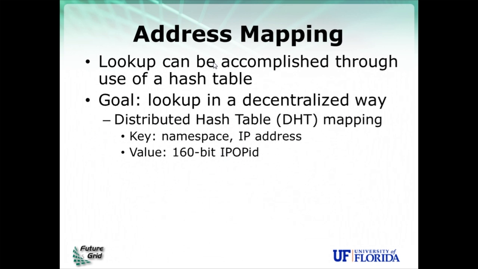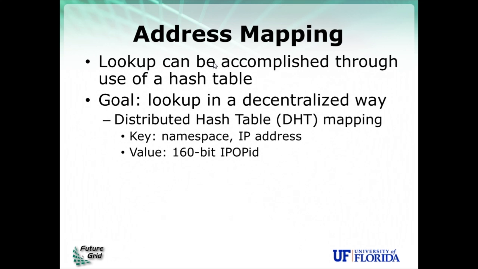Now, to accomplish a lookup, what you basically need is a table, and a hash table would be one approach of implementing this lookup. But we don't want to have a centralized server that's responsible for performing these lookups. So the goal is to perform the lookup in a decentralized way. And to do this, we leverage the fact that we can use a distributed hash table, which is a data structure that's supported by a structured peer-to-peer system like IPOP.